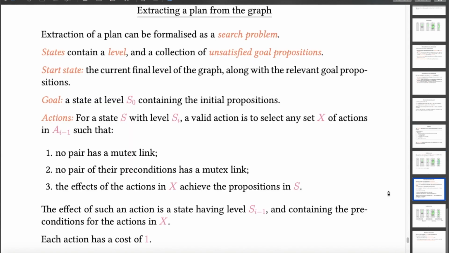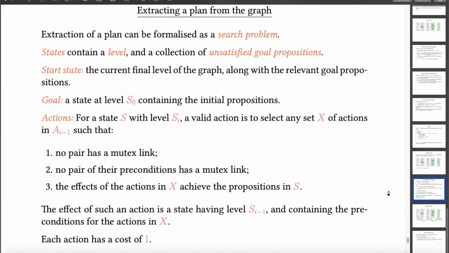Now, actions within this search problem can be defined as follows. Let's say I have a state which corresponds to a level and which contains some unsatisfied propositions. An action within my search problem is to select a bunch of actions within the preceding level in the planning graph in such a way that no pair has a mutex link, no pair of their preconditions has a mutex link, and the effects of the actions that I've chosen achieve the propositions in my current state.